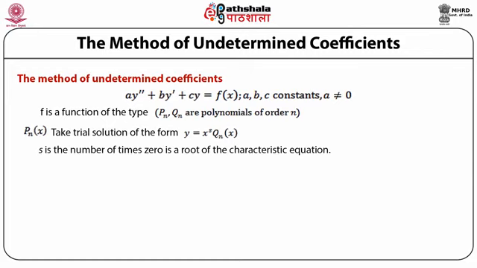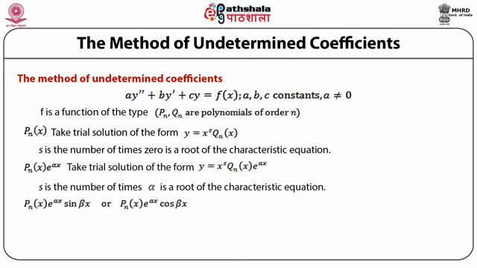In this case, we take the trial solution of the form y is equal to x raised to power s times Qn(x), where s is the number of times 0 is a root of the characteristic equation.